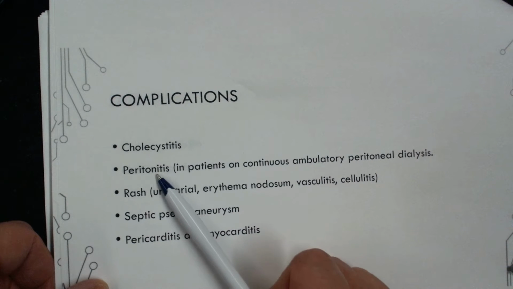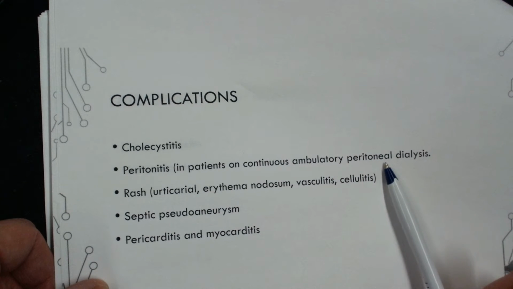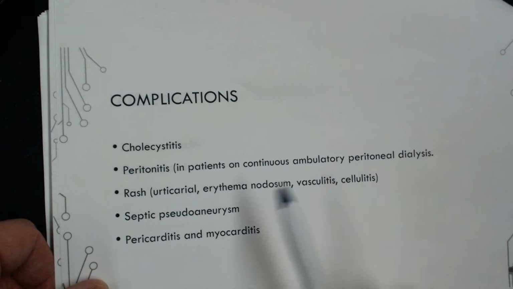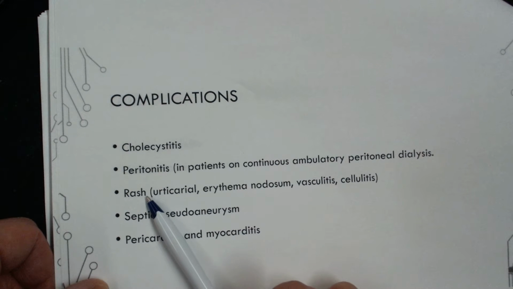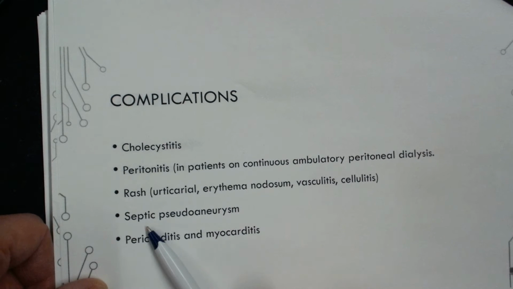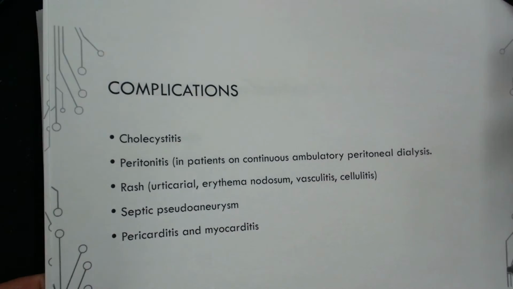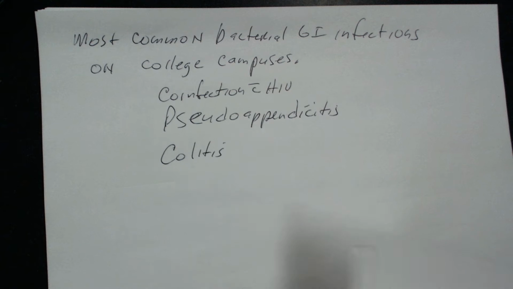Peritonitis, that's more the case on patients who have the ambulatory peritoneal dialysis. Sometimes there's a rash. That's pretty rare, but it happens. Septic pseudoaneurysm, pericarditis, and myocarditis, those are some potential side effects.